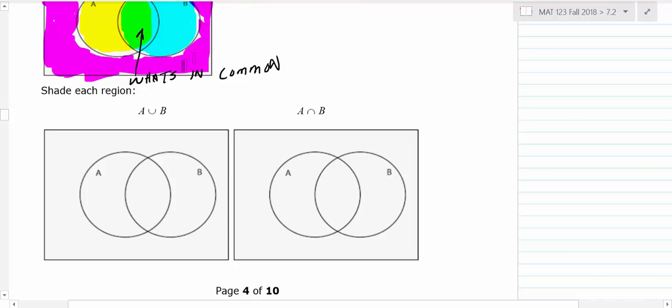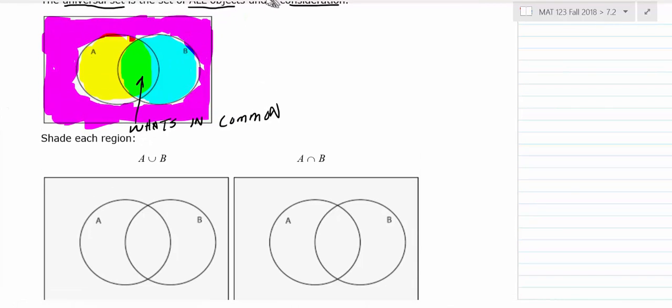What this first thing is saying is the union of A and B. When you do the union of A and B, you shade everything that's inside A, inside B, or both. So the union just means everything inside A and B, and it can be in both.